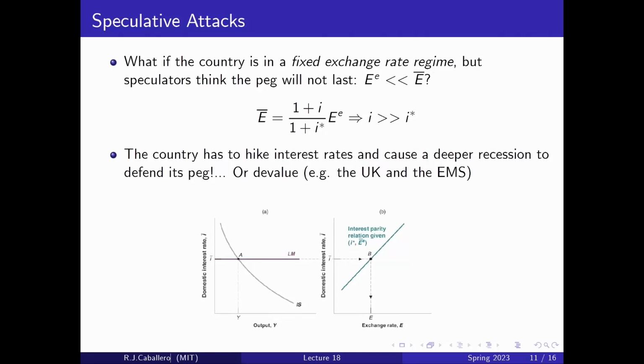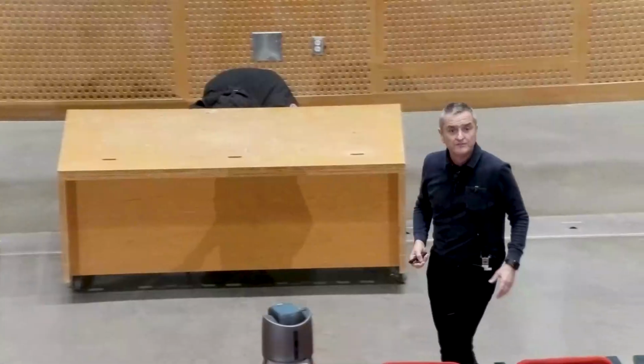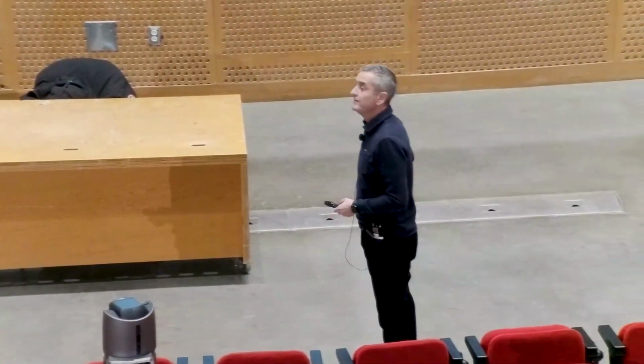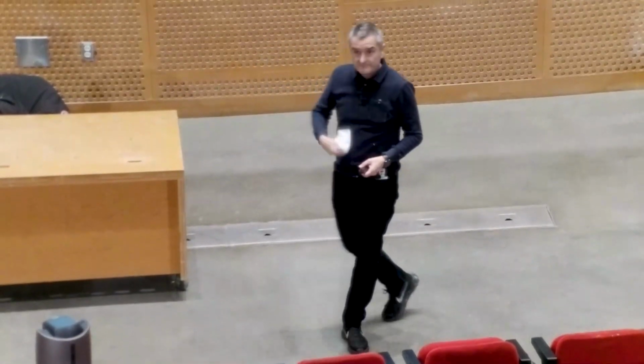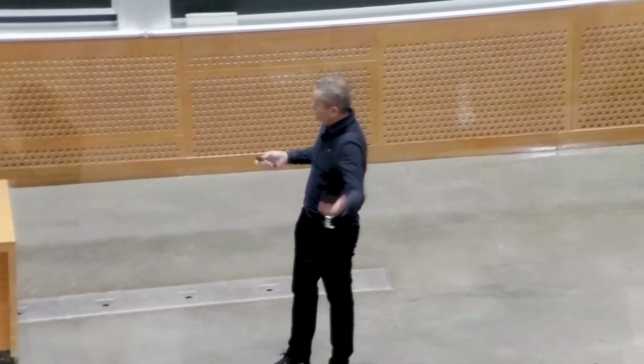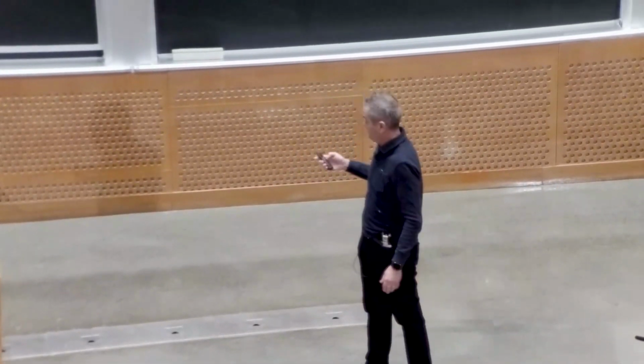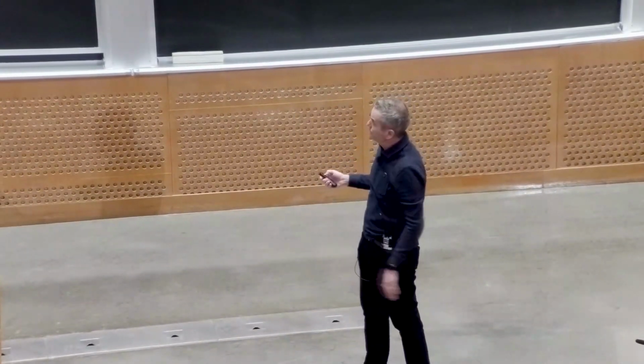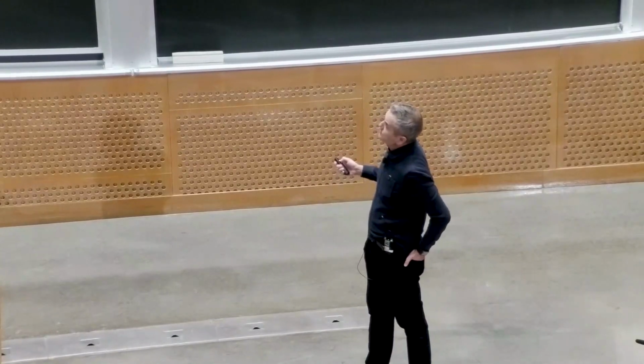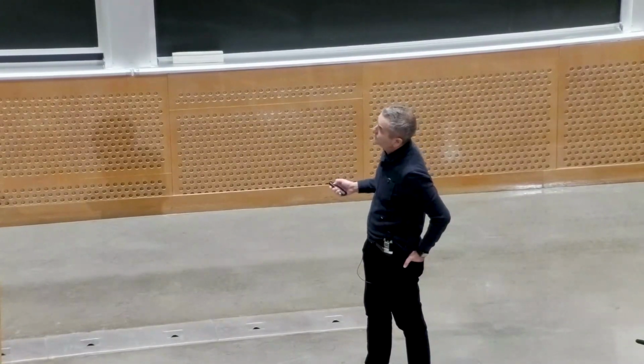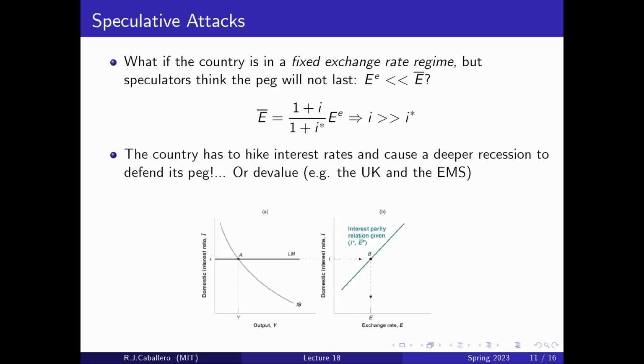But what happens when you raise interest rates a lot to defend the parity, the peg? What's the problem of that? Yeah, you generate a domestic recession. Because just to defend your peg, you had to raise interest rates a lot. So it means you're going to have a recession at home.